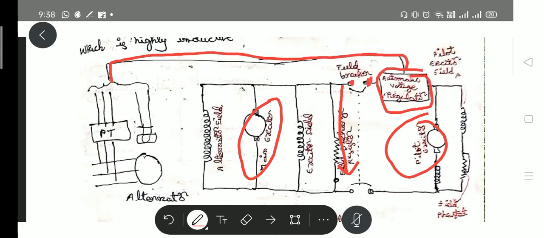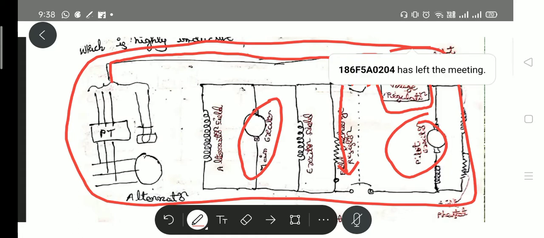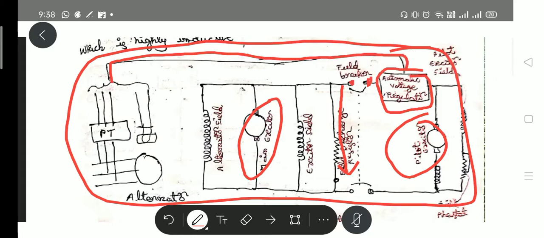In this we cannot control external disturbances, because by using this DC excitation we cannot control them. For this reason we go to the AC excitation. By avoiding this disadvantage, we can go to the AC excitation control. In this DC excitation, the voltage rating will be 400 volts.